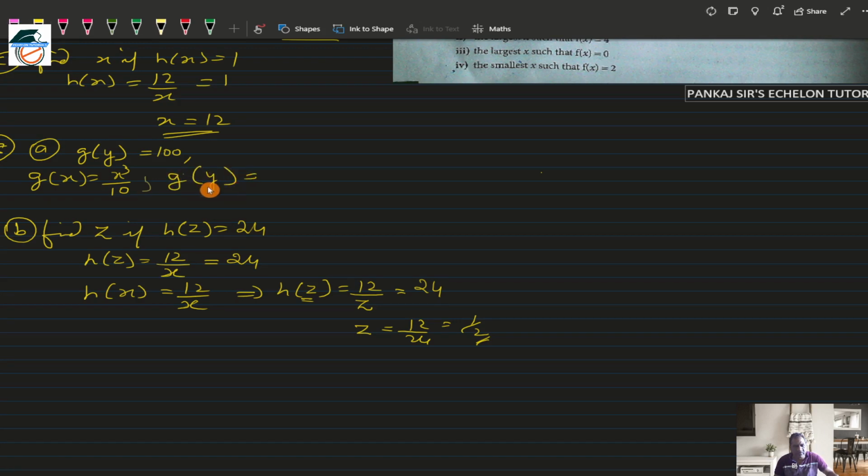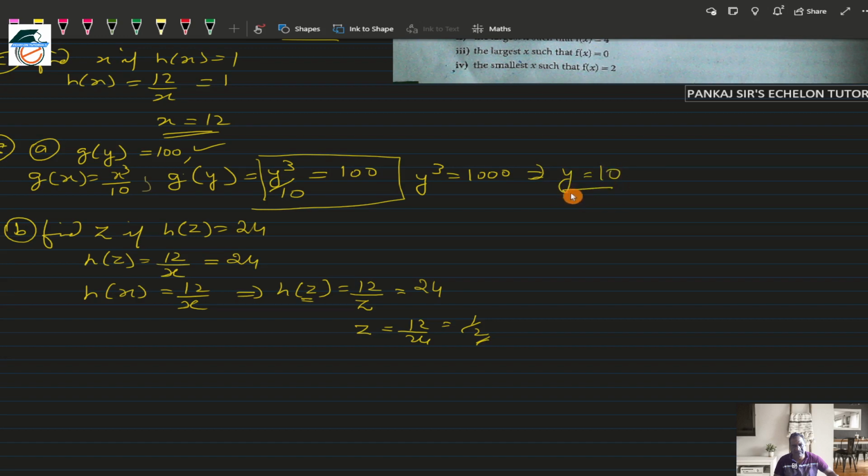To find g of y, in place of x, I'll have to plug in y. So it will be y cube upon 10. And this g of y is given as 100. Considering this, you can find out your y, because they will ask you to find y. So y cube will be equal to 100 into 10, which is 1000. And that will give you y equal to 10. So this is correct.